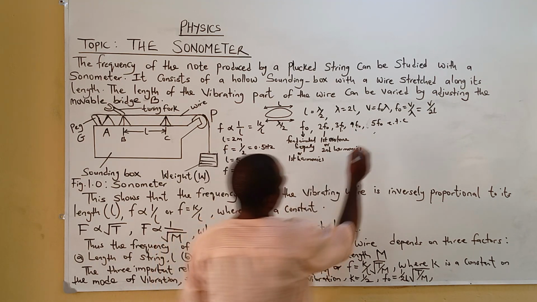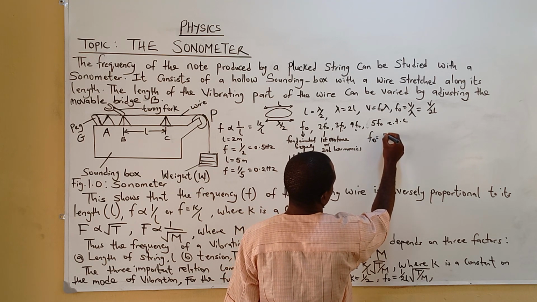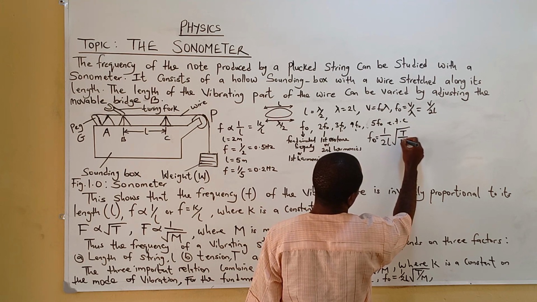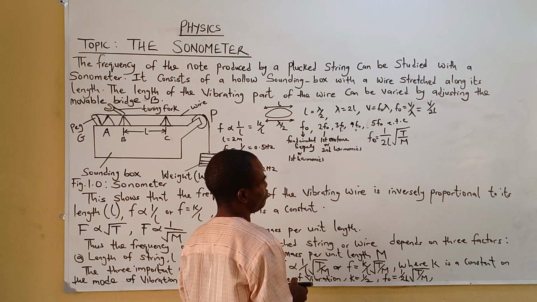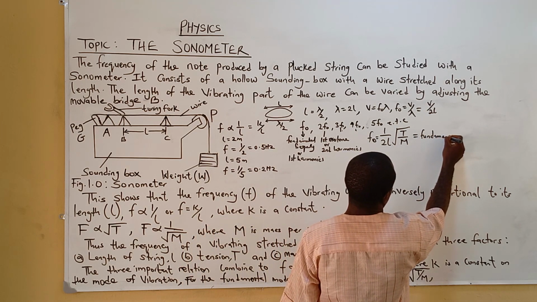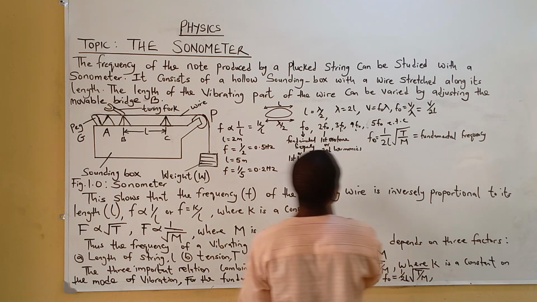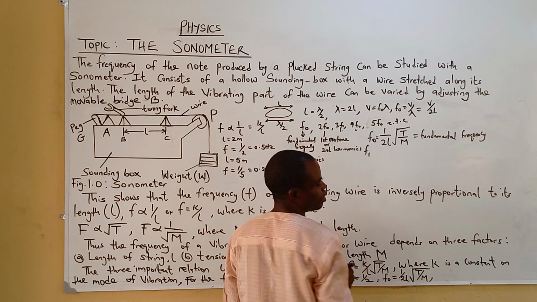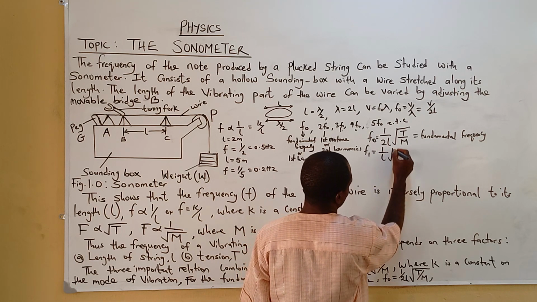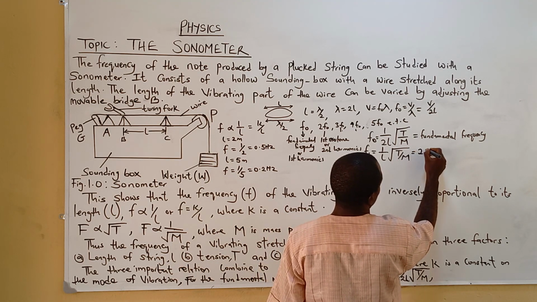How do we get that? Under sonometer, your f naught equals 1 over 2L times the square root of tension over mass per unit length, which is your fundamental frequency. For the first overtone or second harmonic, you have 1 over L times the square root of tension over mass per unit length, which is 2f naught.